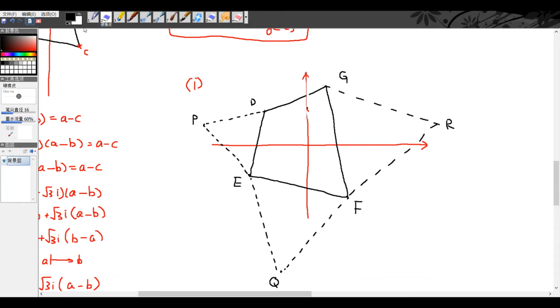I'm sorry. So we have our S here. So this is S, and we have our Q maybe right here.